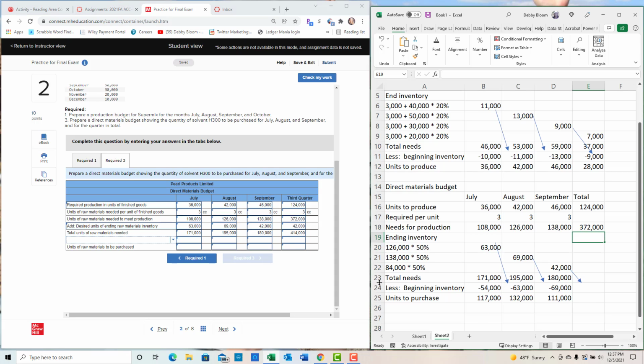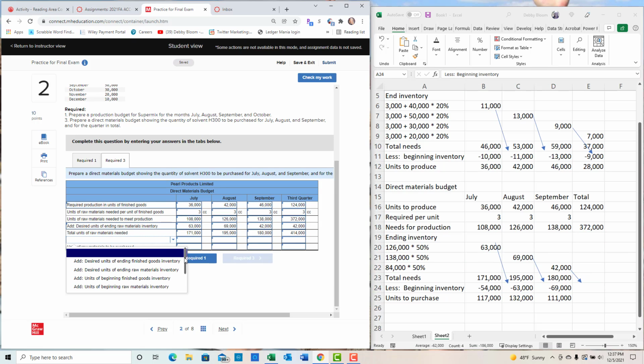Now, just like I have here, from the total units of raw materials needed, we just subtract the beginning inventory. So less units of beginning raw materials inventory.